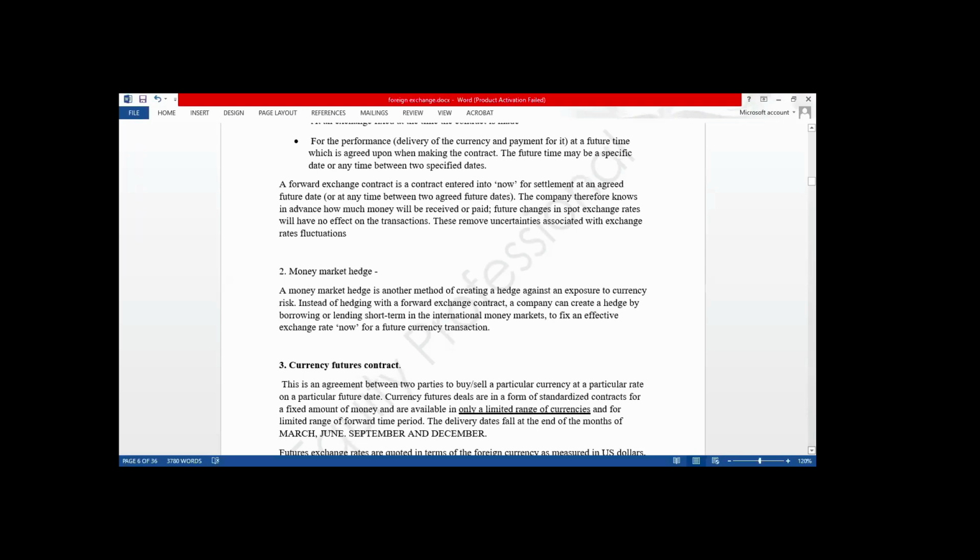The purpose of borrowing or lending is to fix the exchange rate now for future foreign transactions.